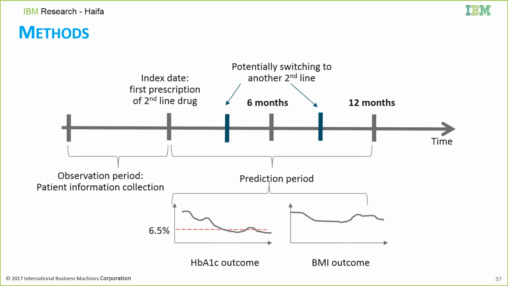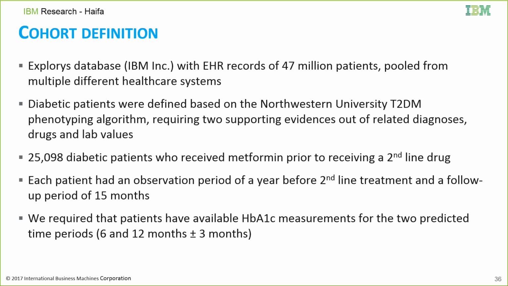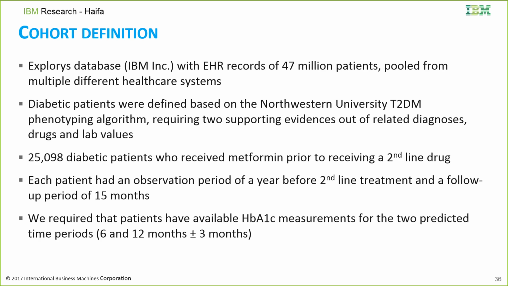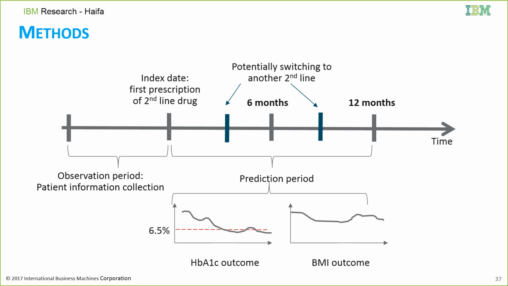So just as an illustration, we have the index stage, which is the first prescription of a second-line treatment drug. We use 1 year of observation period, and then follow the patient for 12 months. Potentially along the way, the patient may switch to a different second-line treatment, or stop taking second-line treatment drugs entirely.